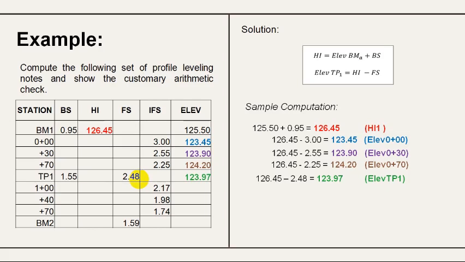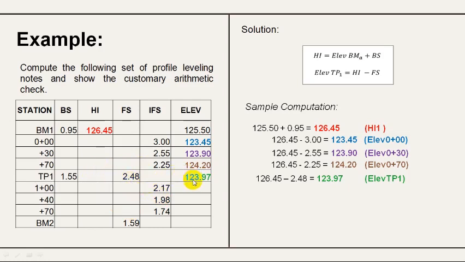Then the same formula will be used for the other stations to solve the elevation of other stations, as well as the height of instrument for the second setup. So kindly get your calculator.